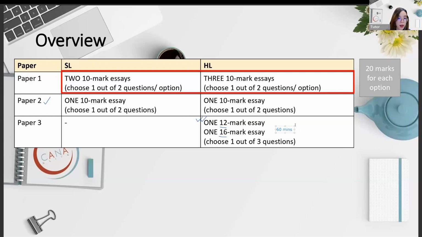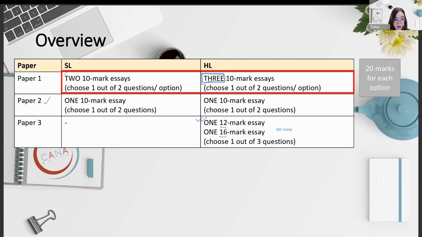And then for Paper 1, for both SL and HL students, you will pick the options that are being taught at school. For HL students, you will have 3 options to finish, therefore you have one more essay to handle, in total 3, one more than the SL students.